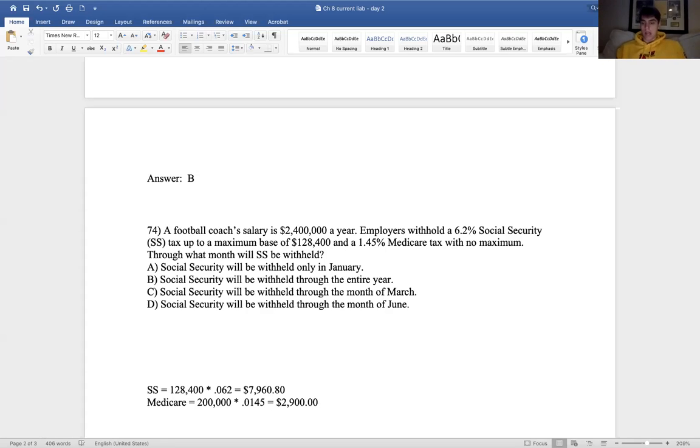Yeah, I'm just adding it up now. So that would be the amount of FICA. FICA is the combination of Social Security and Medicare.